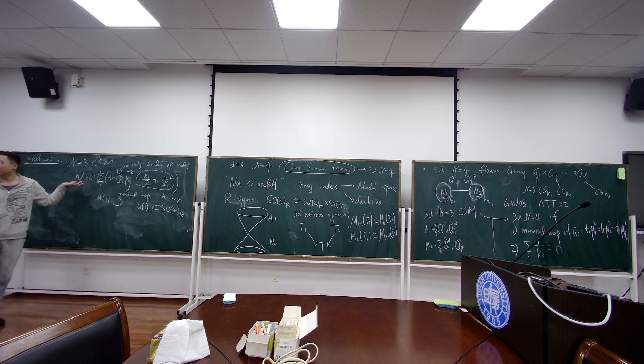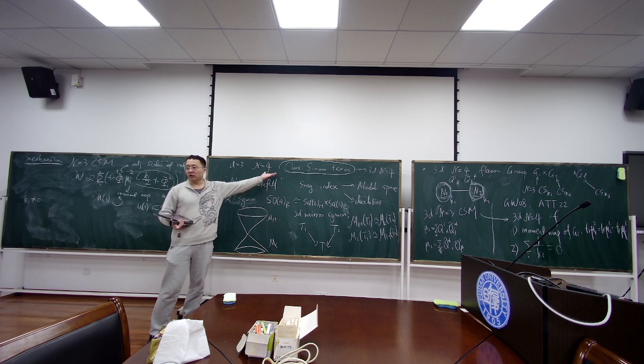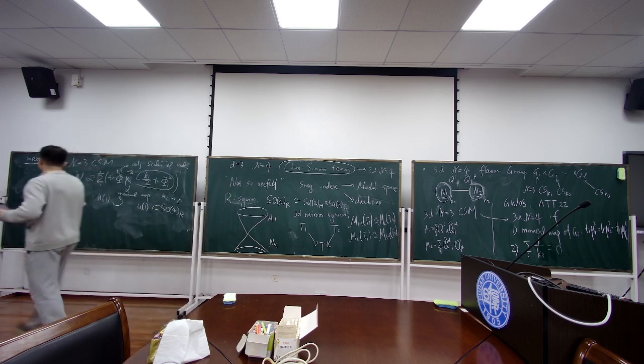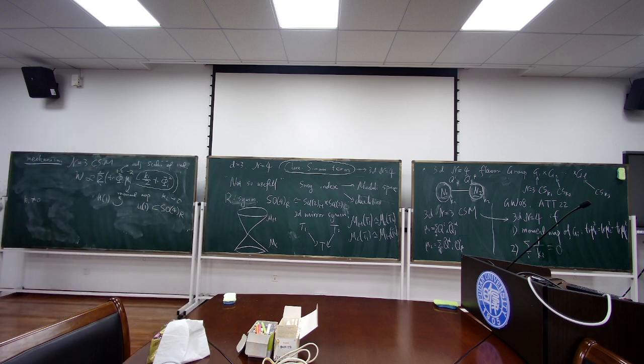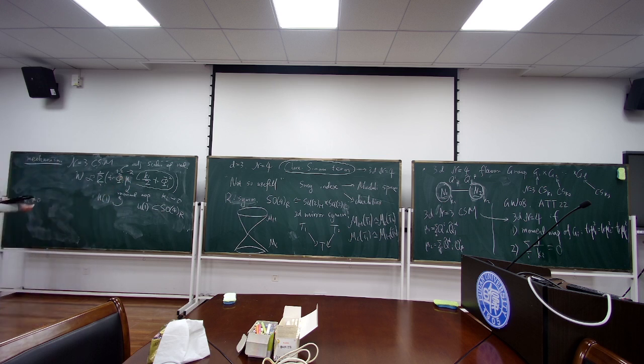So that's why in general you have only N=3. However, when k is not equal to 0, notice that in our construction we only introduce the Chern-Simons term. We don't introduce any kinetic term for the vector multiplet. So there's no kinetic term for this adjoint scalar, and one can integrate it out.